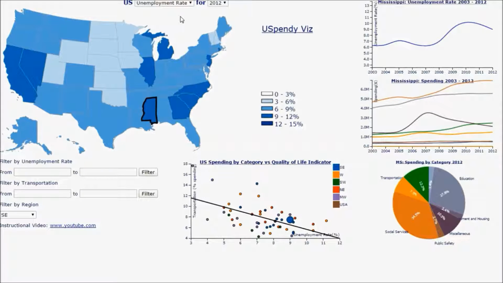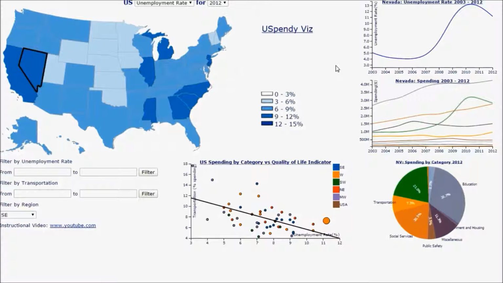Another question we might also want to answer is whether or not we can notice any trends for a given state over time. So we see that Nevada has a high unemployment rate. Taking a look at that, we see trends in spending, with most spending mostly increasing.